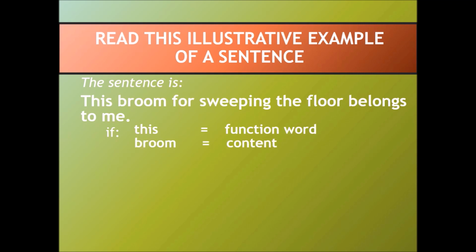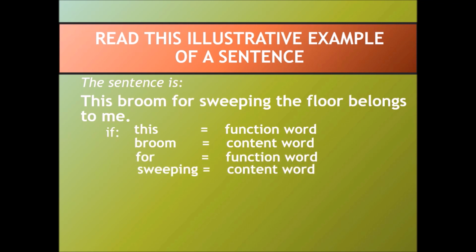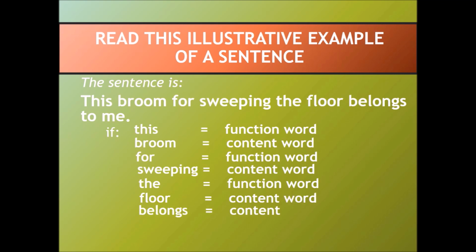Broom is a content word. For is a function word. Sweeping is a content word. The is a function word. Floor is a content word. Belongs is a content word. To is a function word. Me is a function word.